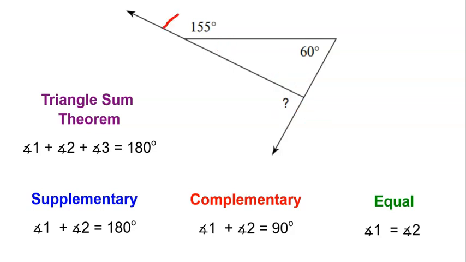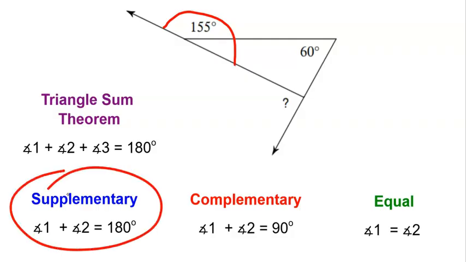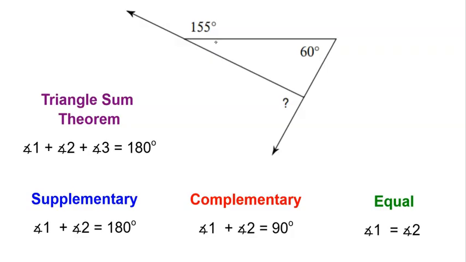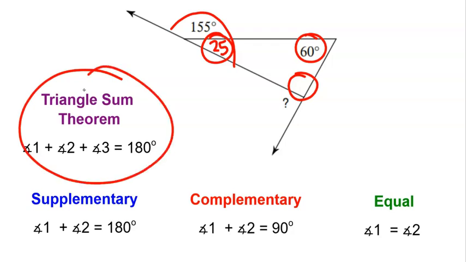So we're going to start over here. These angles are supplementary. So that means that 155 plus this mystery number should make 180. So 180 minus 155 is 25 degrees. And I know that this angle plus 60 plus this empty angle have a relationship as well.